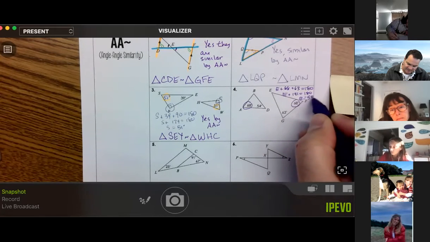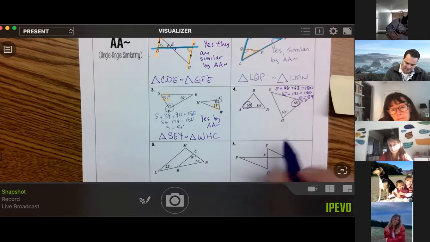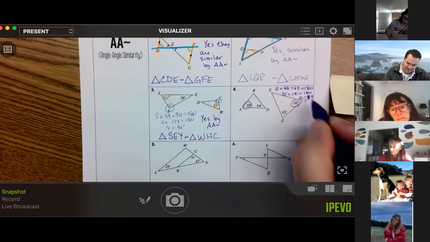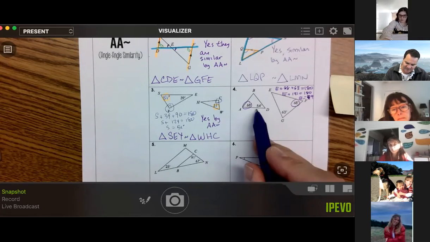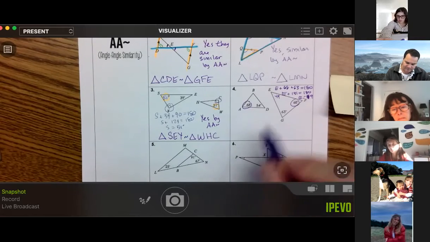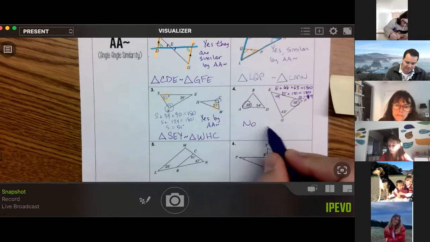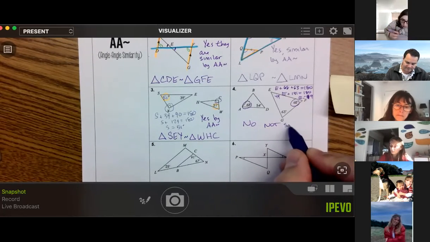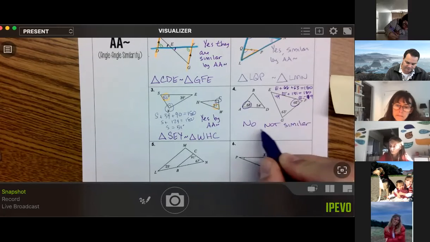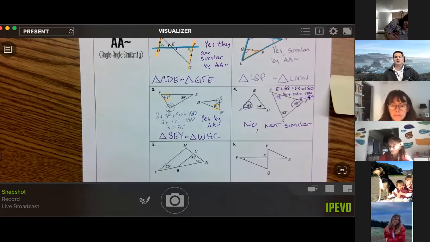So E equals 59. Oh, 49, excuse me, 49. That's not the same as 54. So no, not similar. These two triangles have different angles, therefore they can't be similar.